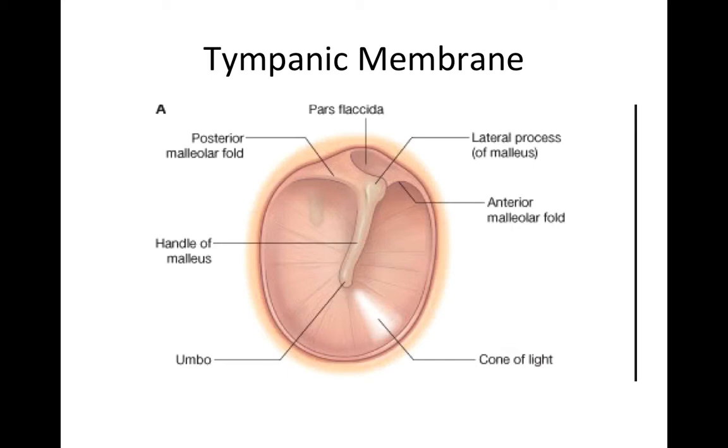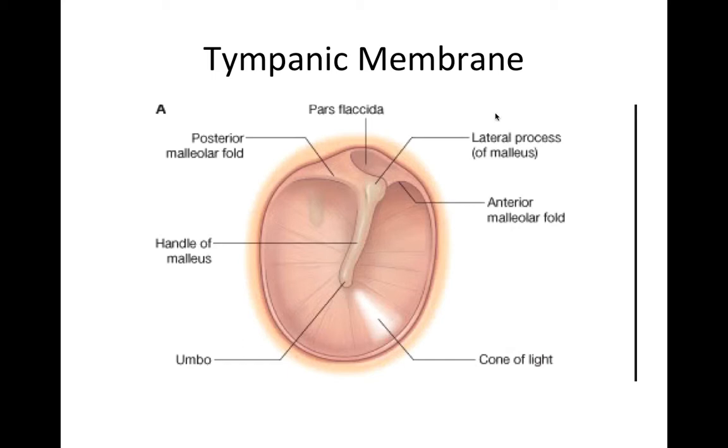So now we're going to talk about the tympanic membrane. The tympanic membrane is considered part of the external ear. For more information on it, you can reference Gray's 909 and Netter's 93. The tympanic membrane separates the external ear from the middle ear.